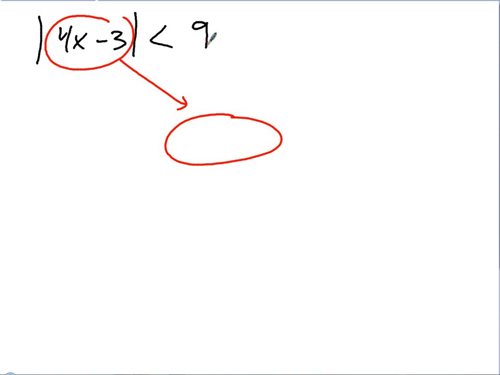So what's that tell you then? What do I do here? Okay, it has to be less than 9, greater than negative 9, right? So everything in the bubble has to be pinched between those values. Well, what's in the bubble? 4x minus 3. So we want to know the x values that are going to make that work. So we have to solve for x. What are our steps? Add 3. What am I going to get here?